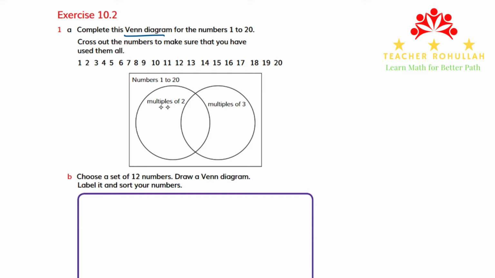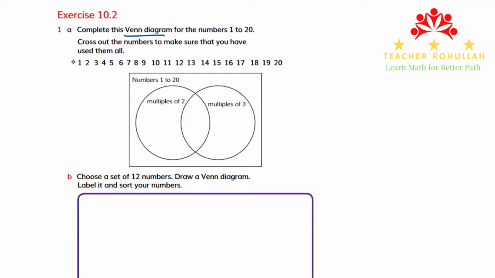Suppose here we have multiple of 2 and multiple of 3. There are some numbers that are multiple of 2 and 3 at the same time, so we have to put them in the center over here. But the numbers which are not multiple of 2 or multiple of 3, we have to put outside the circles, inside the rectangular shape.